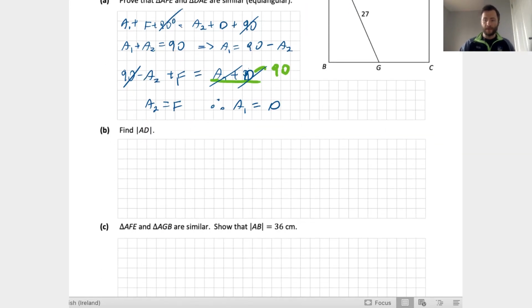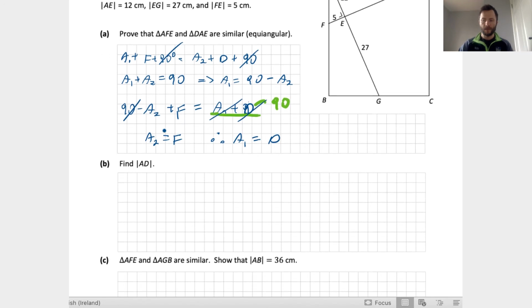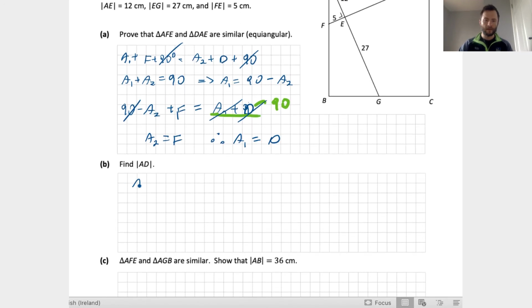So the next part of this question is to find the length of segment AD, and what I'm recognizing over here is that angle at D is the same as angle at A1, which means that I can actually find what that angle at A1 is. So angle A1 is equal to tan minus 1 of 5 over 12, and that gives me 22.61 degrees.